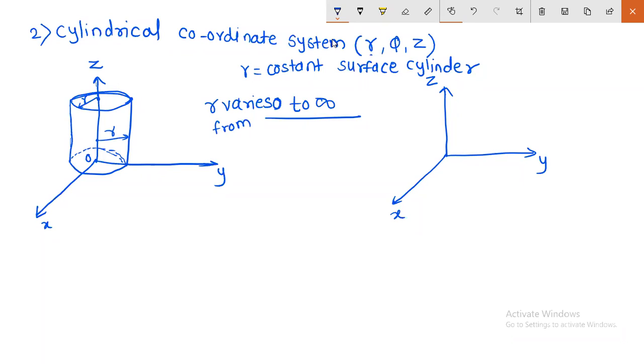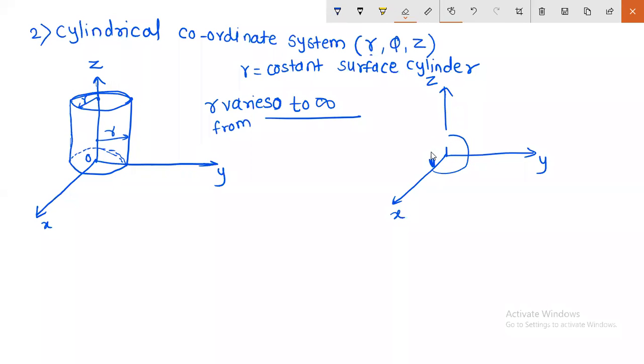It varies from 0 to 2 pi. Simply, it starts from the x-axis and this angle varies through 360 degrees, which means it varies from 0 to 2 pi, along the z-axis.